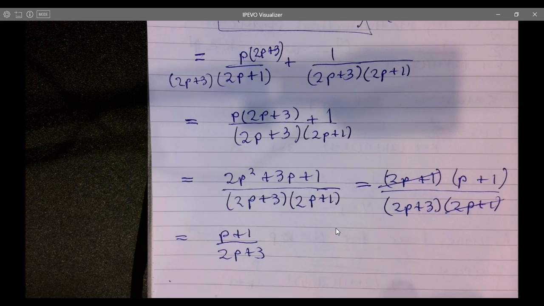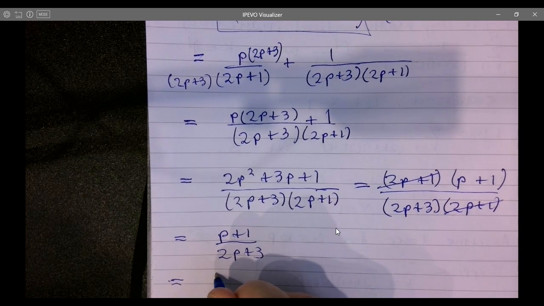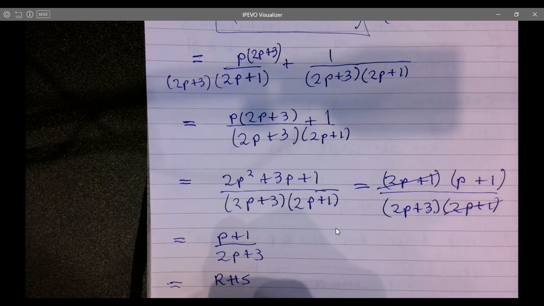Which equals the right-hand side. So we've proved that the left-hand side is equal to the right-hand side.